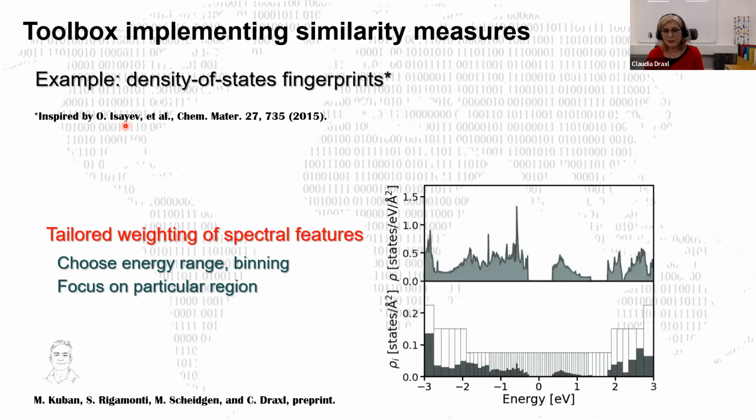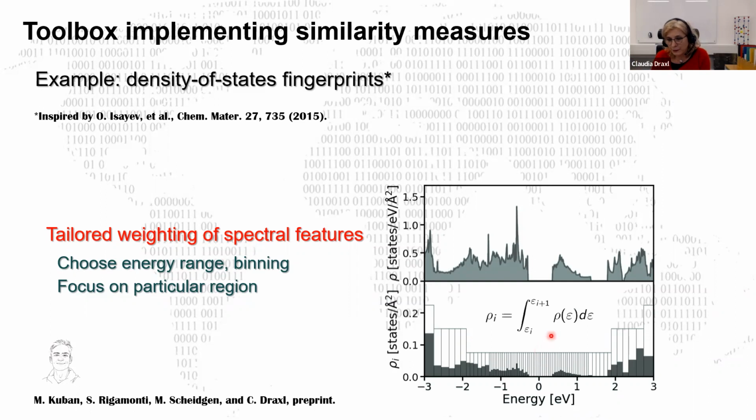Now, let me explain. Here we have a density of states. We divide this energy range into intervals, and these intervals can be denser in some area we want to focus on and wider somewhere else. So we can weight the region that interests us most, and we can also select an energy range in total.